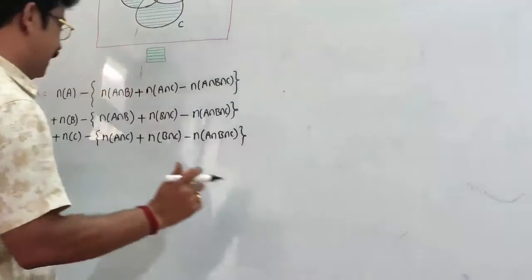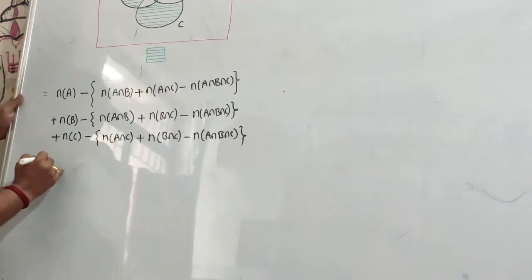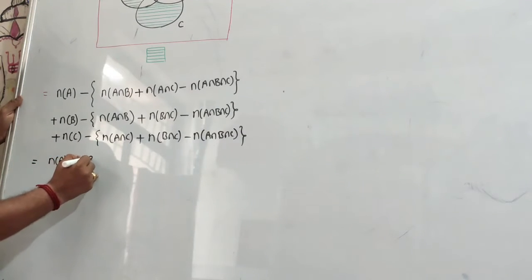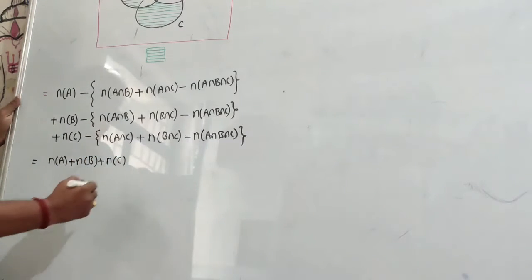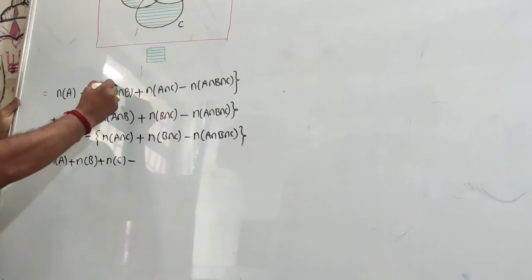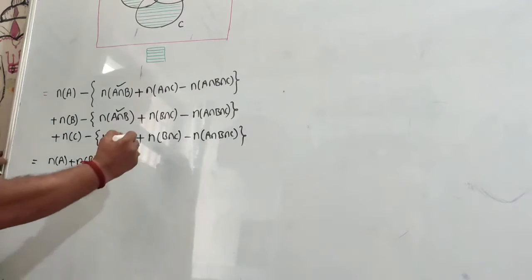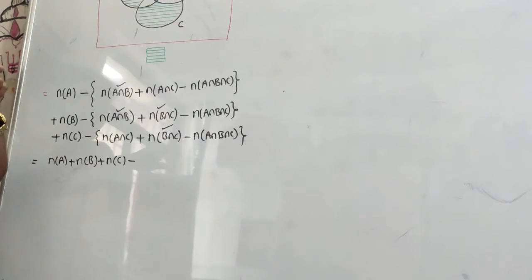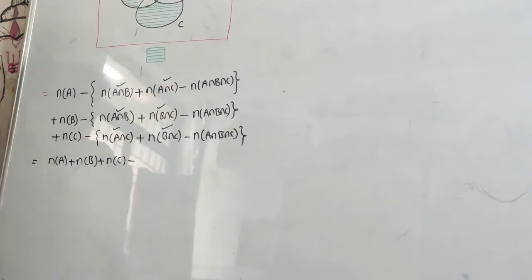So that is equal to n of A plus n of B plus n of C minus A intersection B, A intersection B. Two A intersection B's are there. Next, two B intersection C's are there. Two AC's are there.